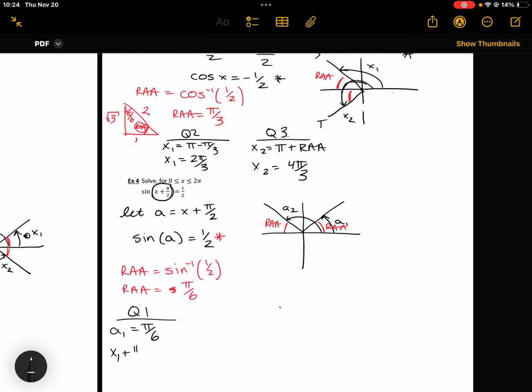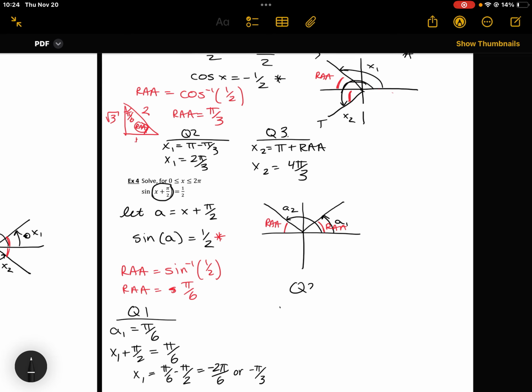This would be x1 plus pi over 2 is equal to pi over 6, which means that I need to solve for my x value by doing pi over 6, take away pi over 2, which is going to give me a final value of minus 2 pi over 6 or minus pi over 3.